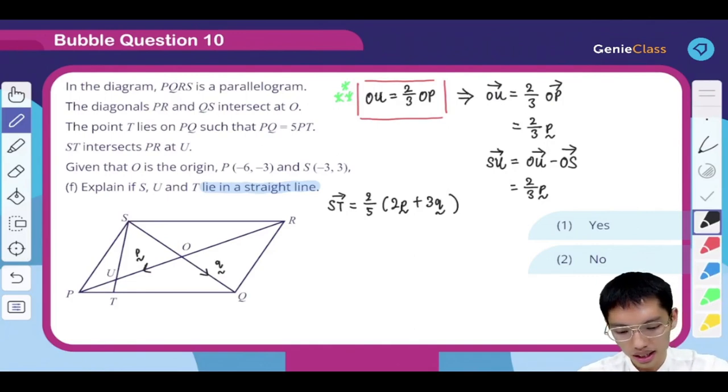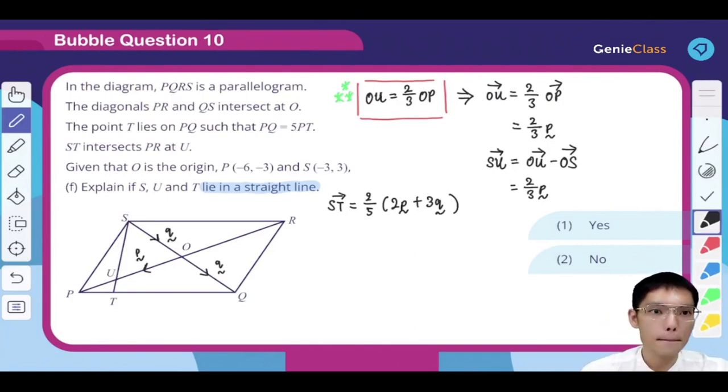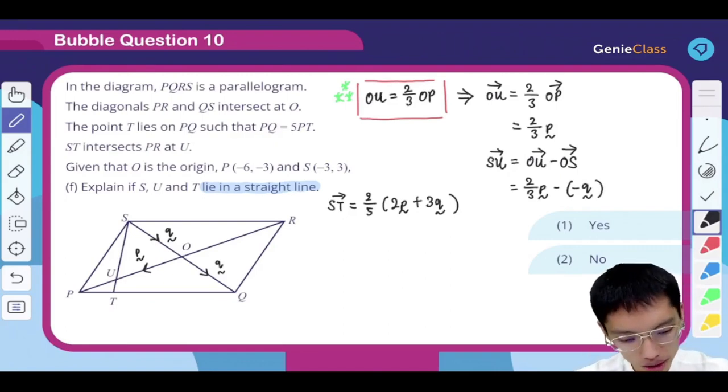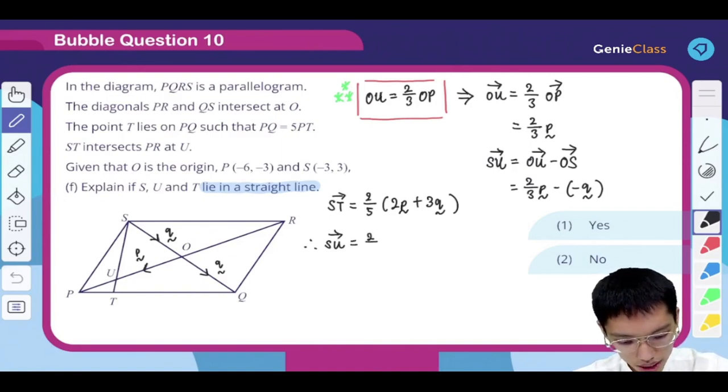So in this case, just now remember, SO is Q. OS is minus Q. Take note over here. It's not just minus Q. So this vector SU, in this case, let me just write it out over here. SU is then therefore 2/3 of P plus Q.